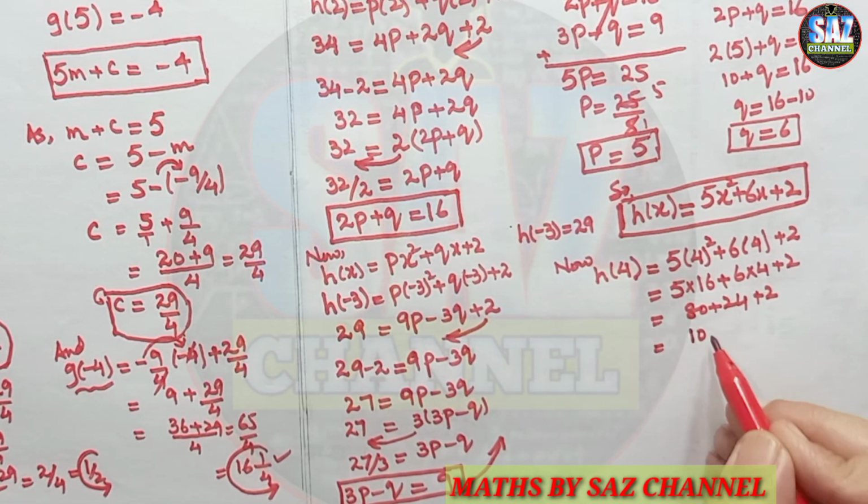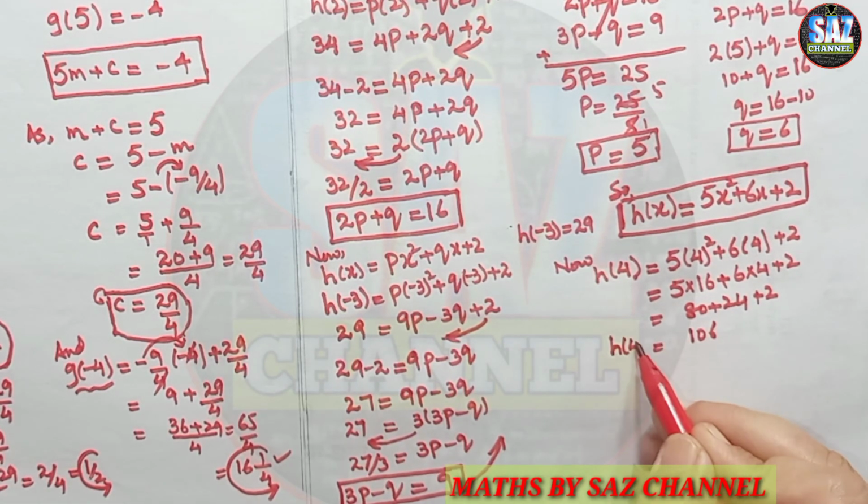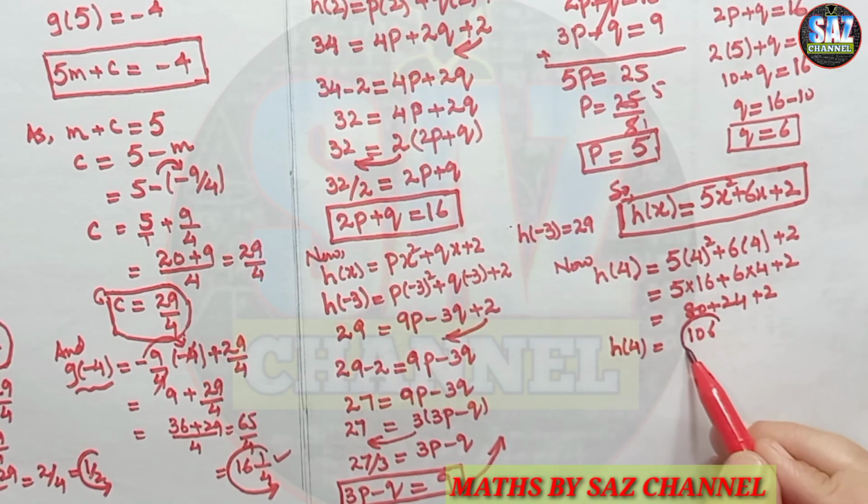So h of 4 is 106. h of 4 has the value 106.